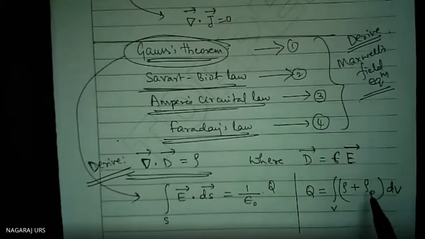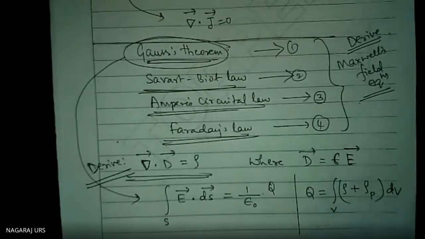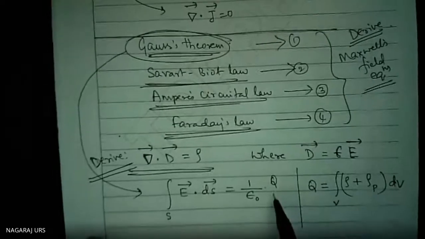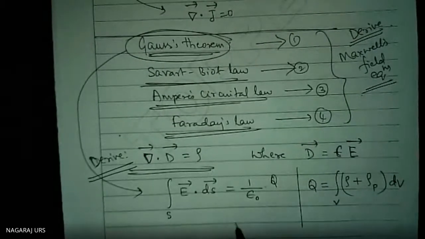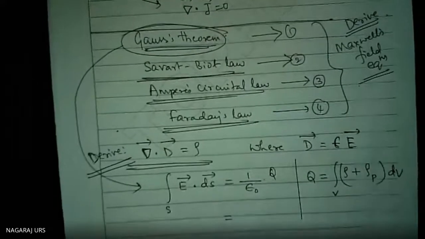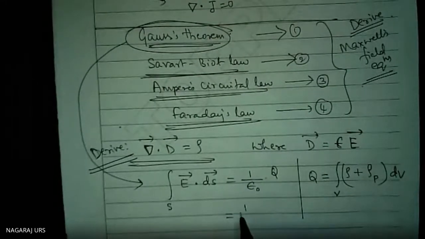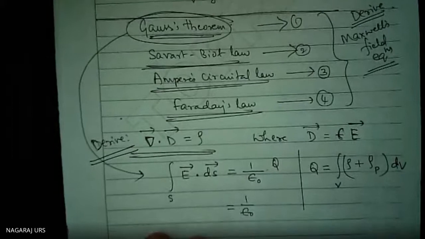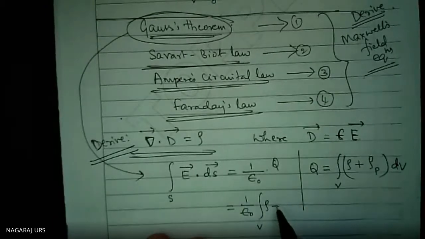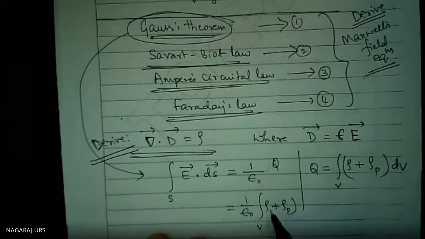The density of polarized charges is said to be rho p, and the free charge density is rho. If you add these two over a volume, that is equal to Q. Therefore, I will substitute that Q value here: 1 by epsilon naught times Q, where Q is the integration over volume V of rho plus rho P into dV.